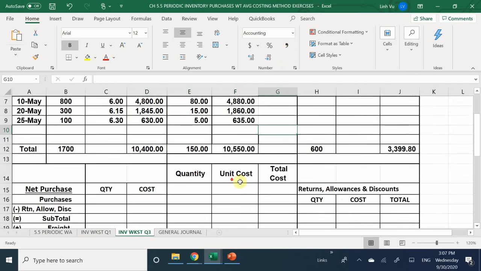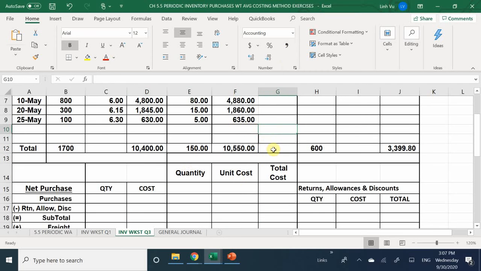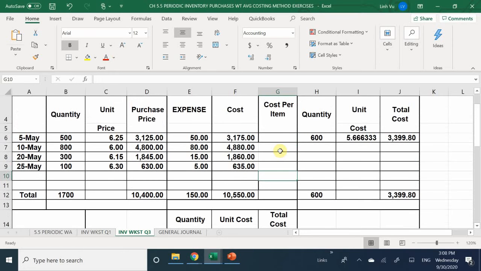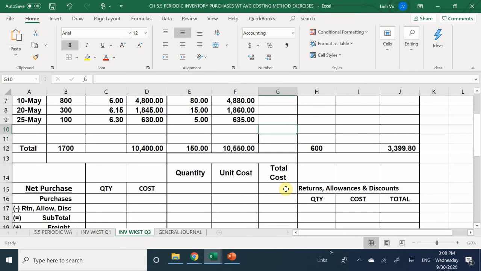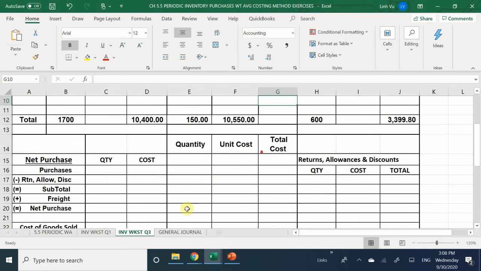Now, do we need to calculate our average cost now? Not yet, because we also have to include our beginning inventory. So we'll wait on that. What you can do is enter it up here, and I'm also going to enter it in the middle section, just like before.